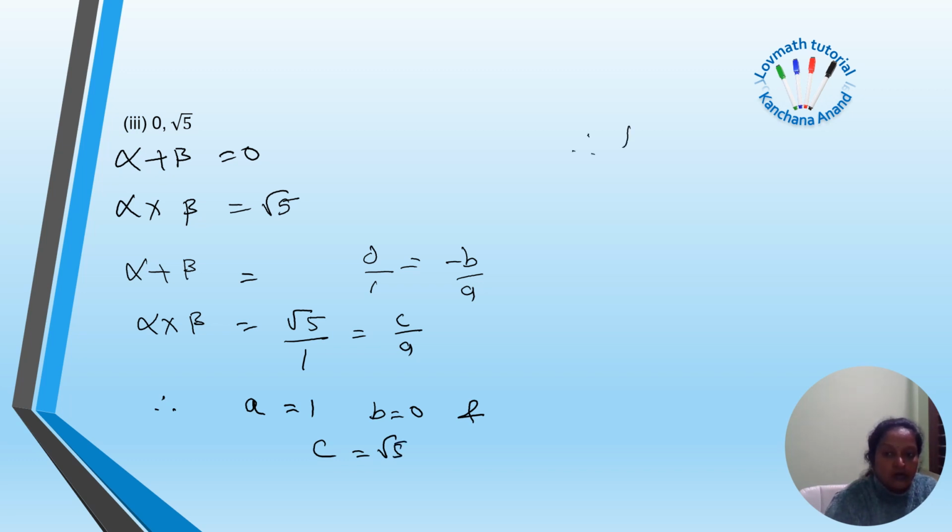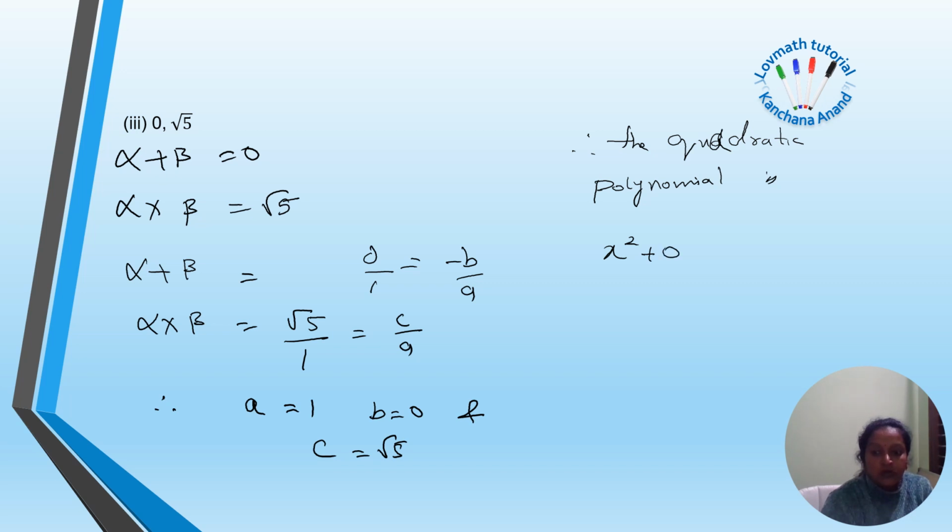Therefore, the quadratic polynomial is ax square, that is x square, plus 0 plus root 5 is equal to 0, that is x square plus root 5 is equal to 0. This is the quadratic polynomial.